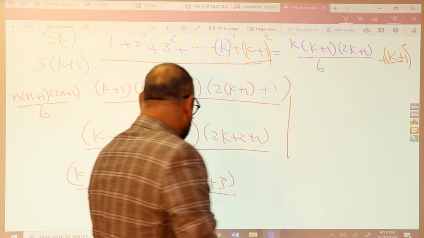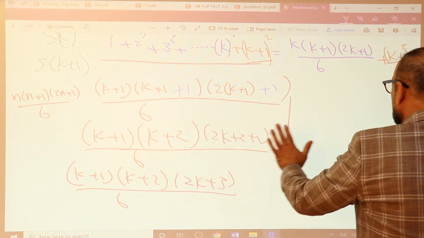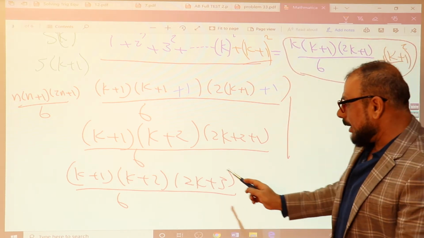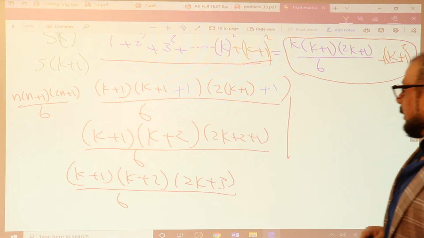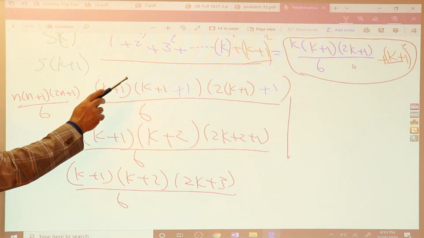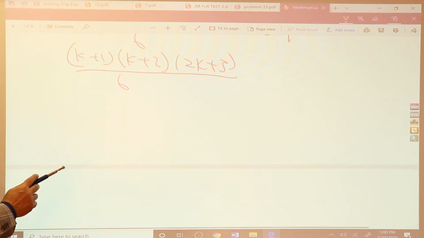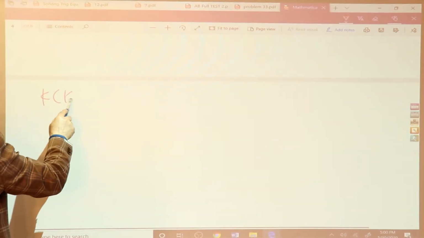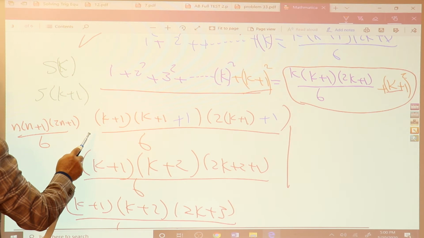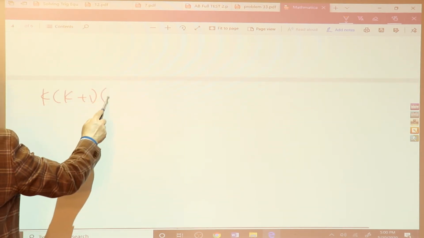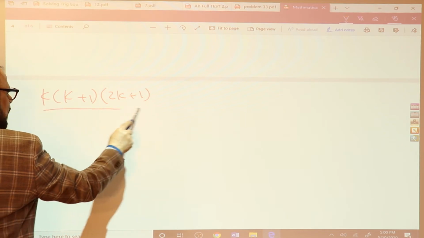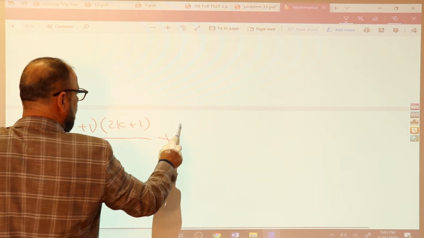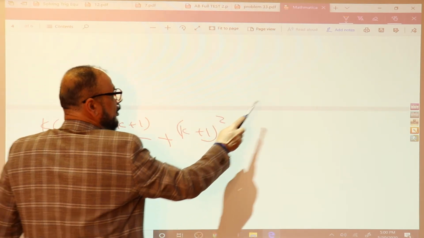Okay, let me see if I can prove my right side is the same. This is my right side. If I can prove that my right side equals this, then I'm right. What I'm going to do is take this guy, k plus 1, 2k plus 1 over 6, plus k plus 1 squared, on a different page.